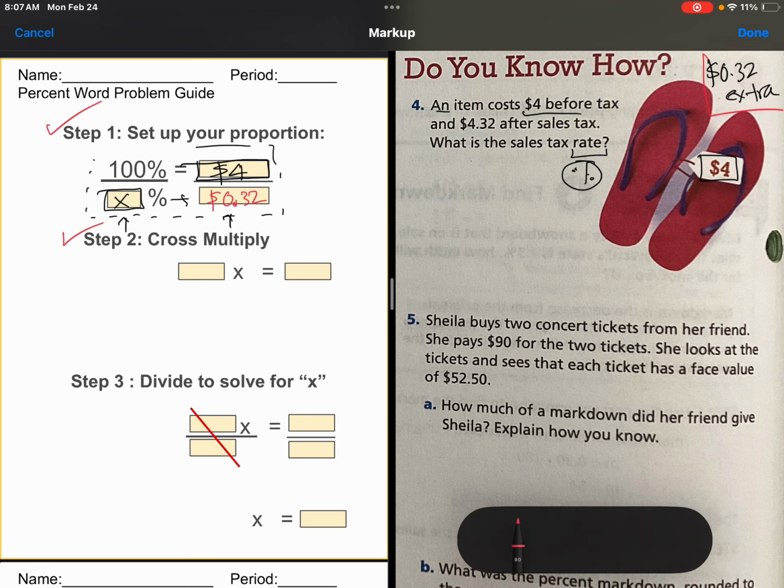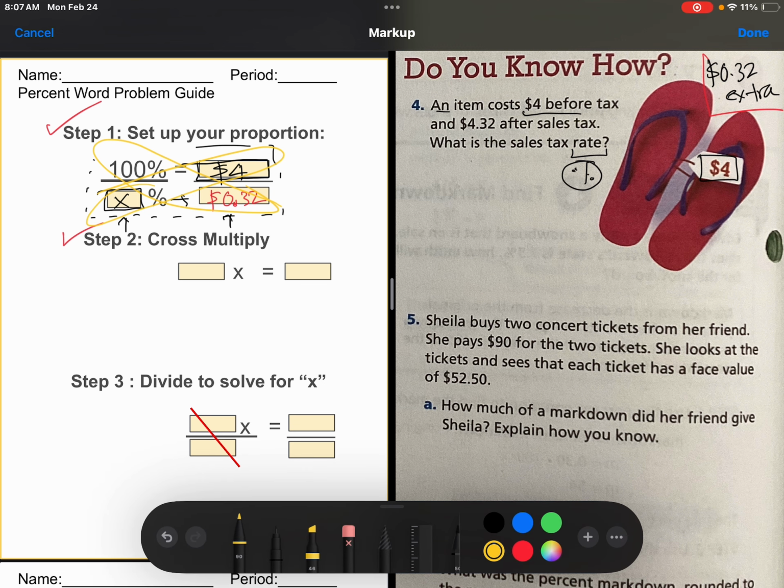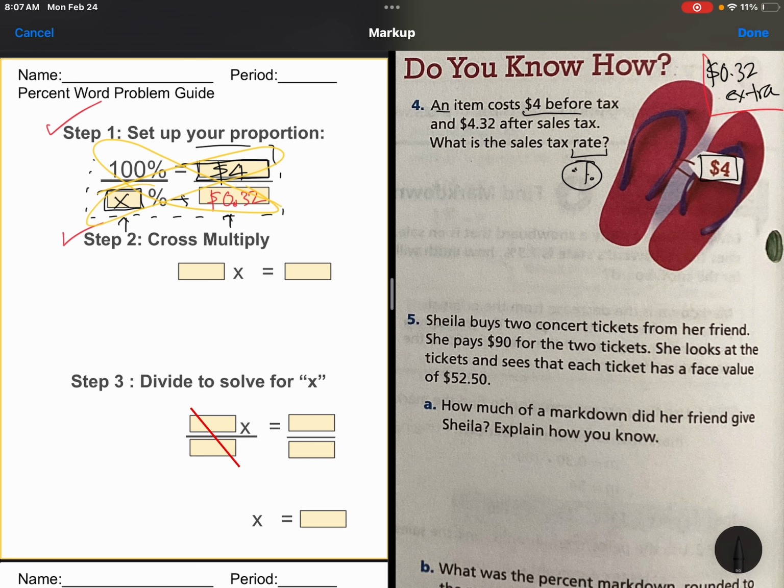Step 2, cross multiply. Okay, butterfly method, going from here and going from there. Those two circles, elongated ellipses, you need to draw and multiply the numbers inside those. First, I'm going to begin with x. Okay, so what is 4 times x equal to? You guessed it, 4x. Okay, good.